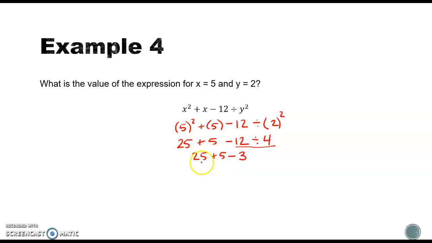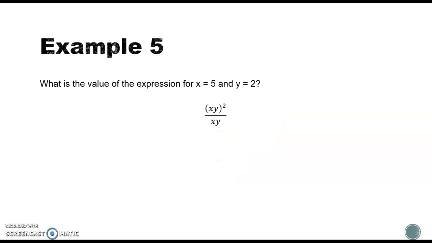Then from left to right, 25 plus 5 is 30, and 30 minus 3 is 27. So we substitute the values in and then evaluate using order of operations.